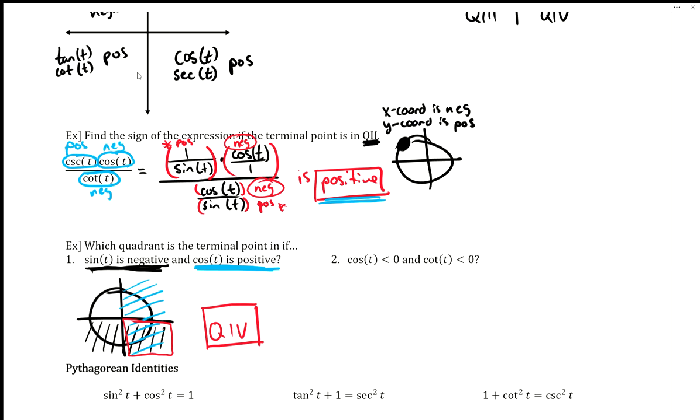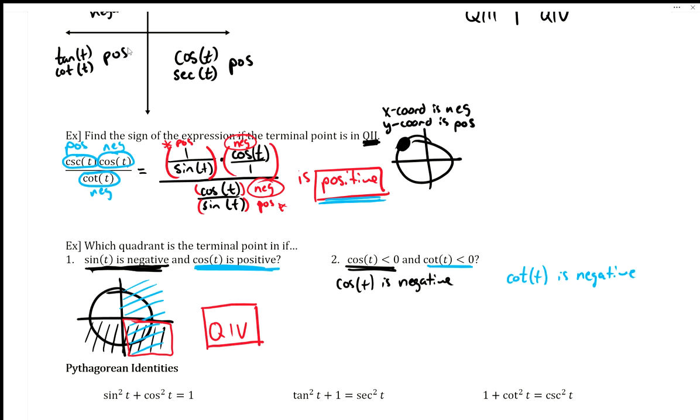So this is just a different way to kind of state the words negative and positive. So if cosine of t is less than 0, this is saying cosine of t is negative. So if it's less than 0, it's a negative value. And then the cotangent of t being less than 0, cotangent of t less than 0 would mean cotangent of t is negative.